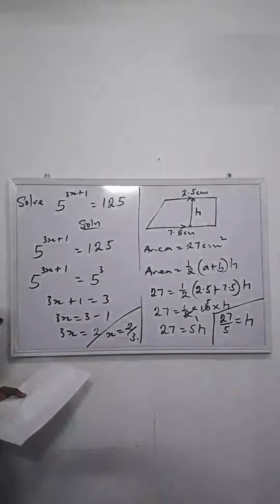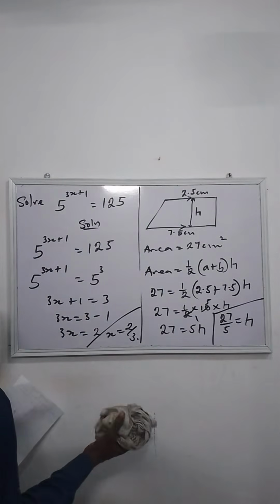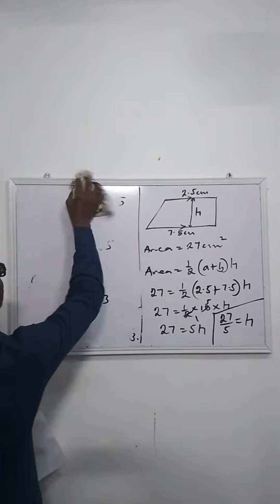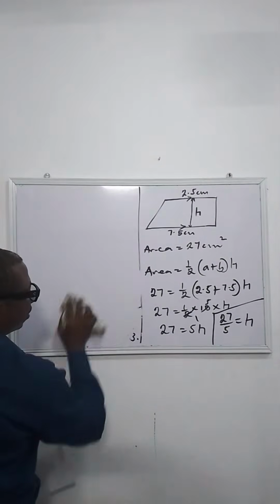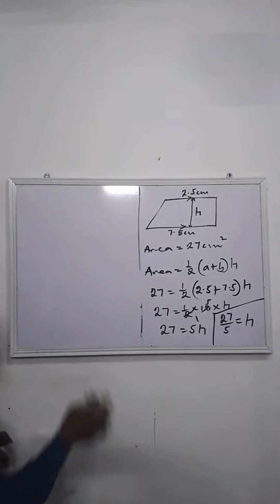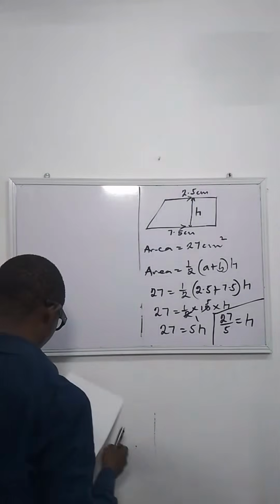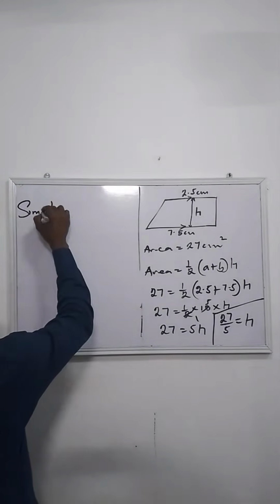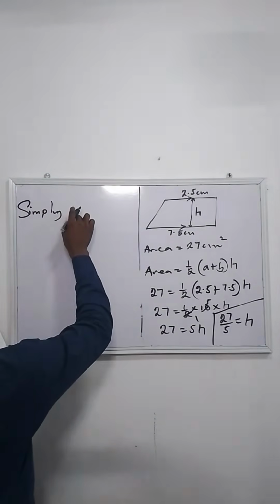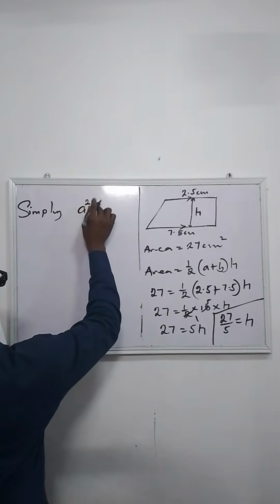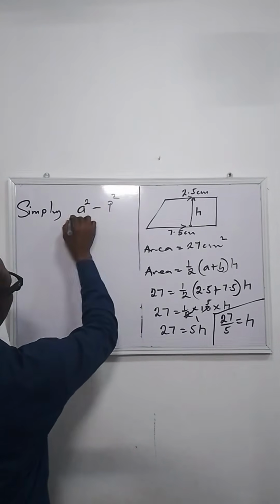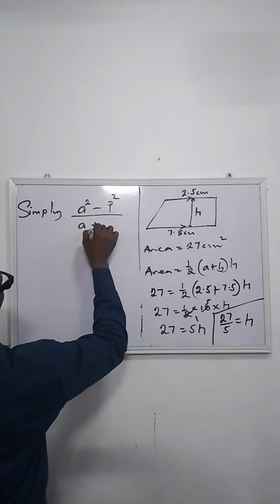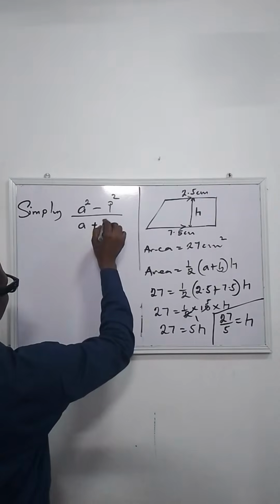Another question. Okay, let me see. Simplify a raised to the power of 2 minus p raised to power 2 over a plus p.